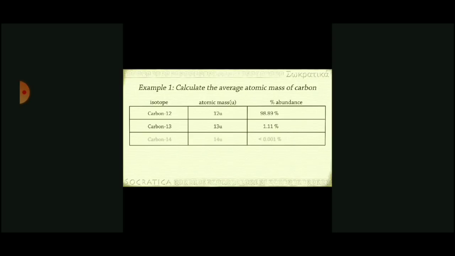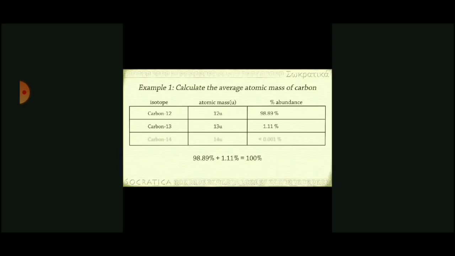Since it is an unstable isotope, it need not be considered. So there are only 2 isotopes of carbon, carbon 12 and carbon 13. Carbon 12 is the first isotope, carbon 13 is the second isotope. If you add the percentage abundance, you will get 100%.